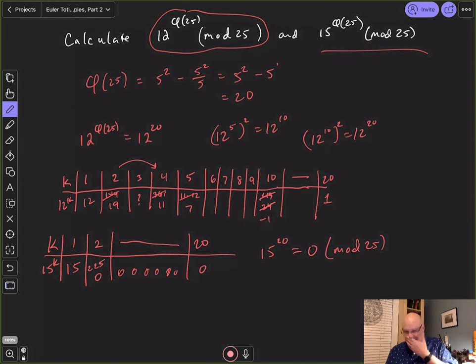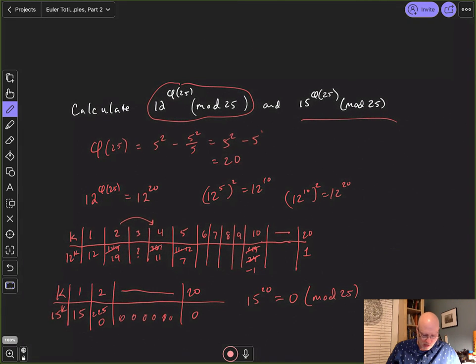So the question is, why? Well, I think by now, hopefully you can see the difference between these two problems up here. In the case of the first one, the GCD of 12 and 25 was 1. They're relatively prime.